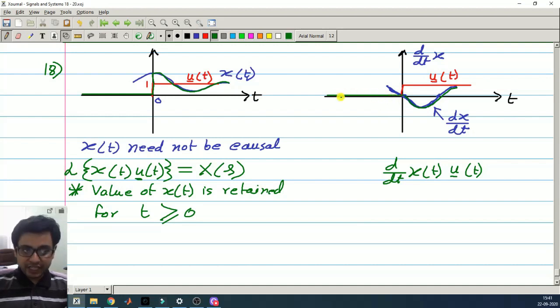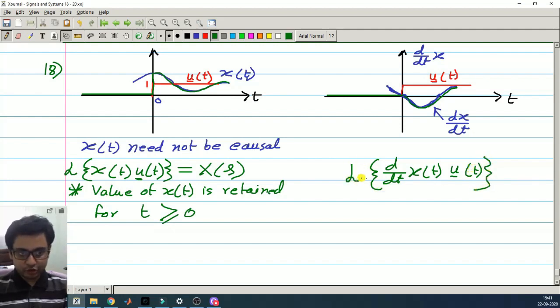Again, the left side is erased, the right side is retained, and also the value at time 0 is retained. Now we want to calculate the Laplace transform of this product, and the question is, what will be this?